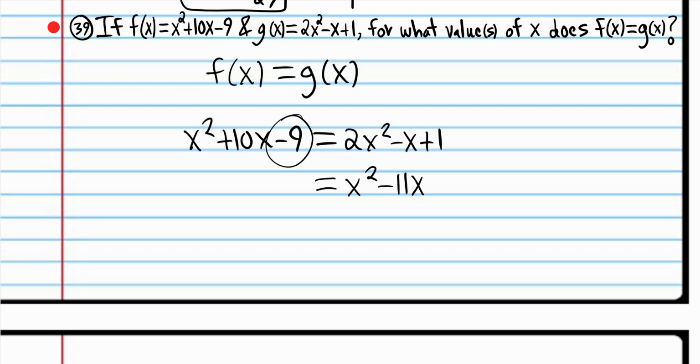I'm then going to put this 9 on the other side by adding 9 to both sides, and that'll make this 9 disappear, and 1 plus 9 is 10. Then there's nothing over here, so I just write 0. So now the quadratic equation is in standard form.